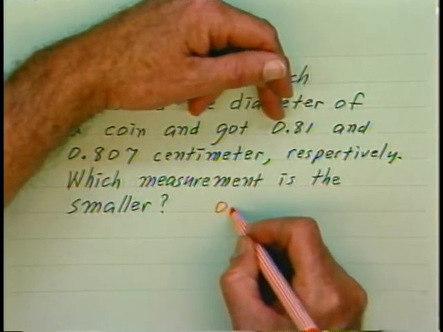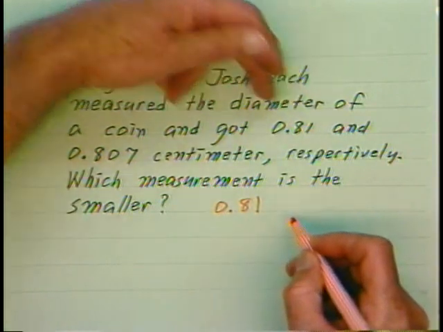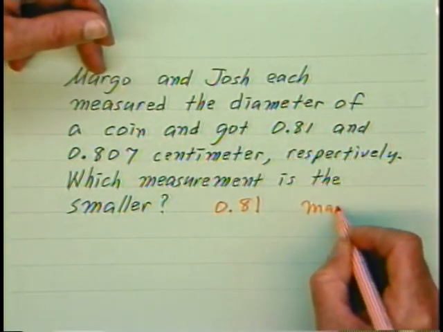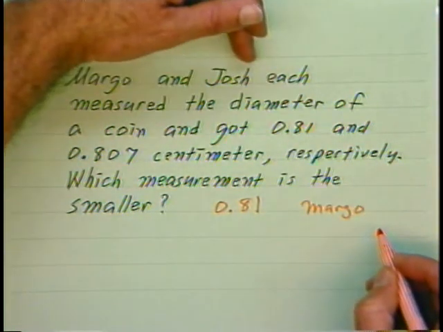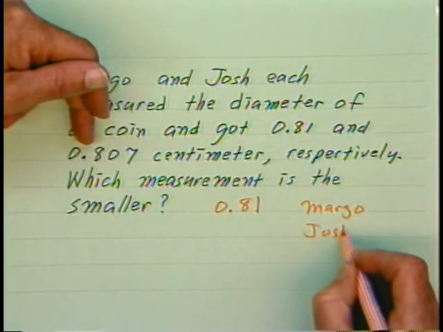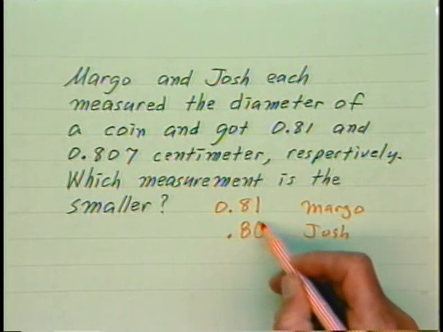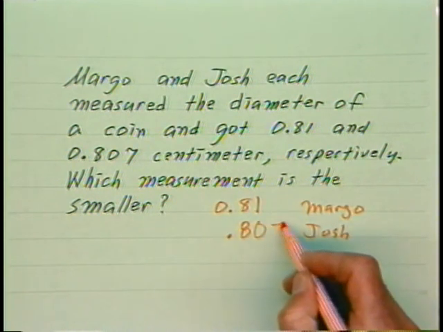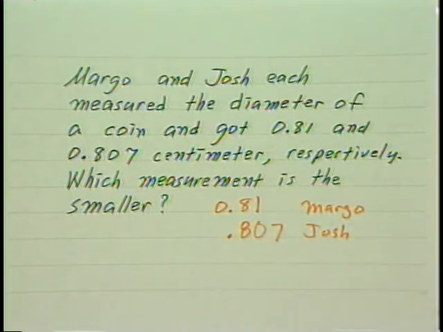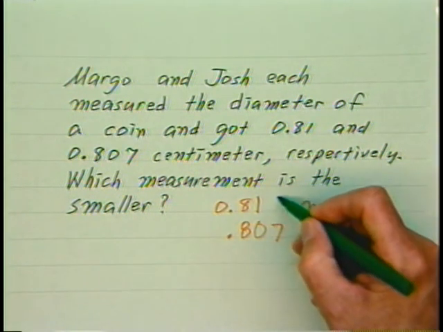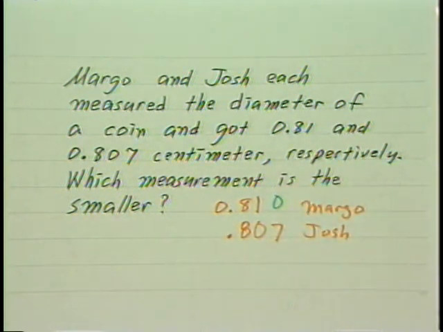So 0.81 is Margot's measure, and Josh's is 0.807, lining the hundredths with the hundredths. Now if we wish to insert that extra 0, that's fine. And we can see that in fact it is Josh's that is smaller, not larger.